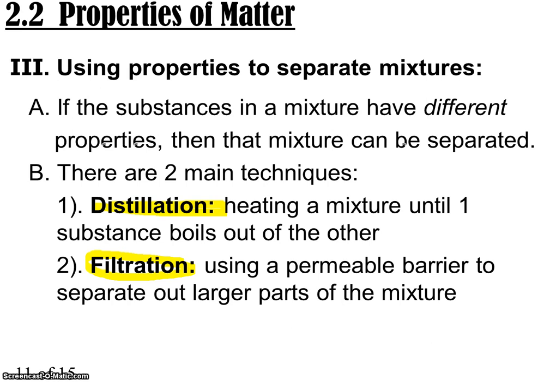This is useful because different liquids, for example, have different boiling points, meaning they boil at different temperatures. Or if you have a mixture of something that evaporates and something that does not, then you can separate those by heating them until the one substance evaporates out, and then you can collect it. Filtration is using a filter and a funnel.